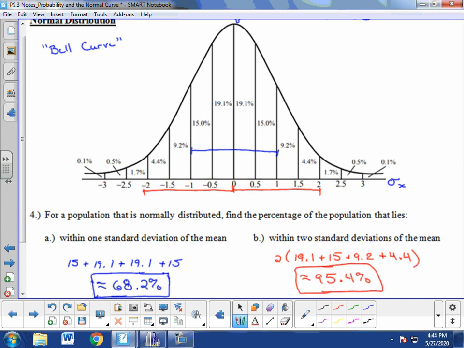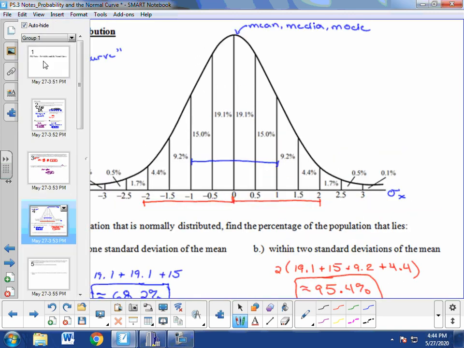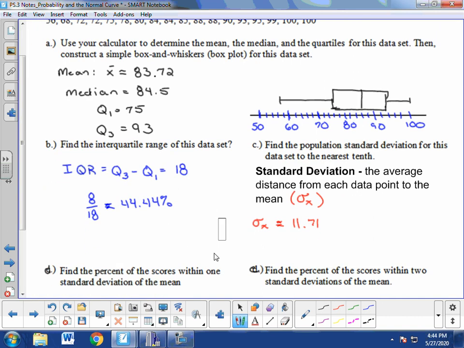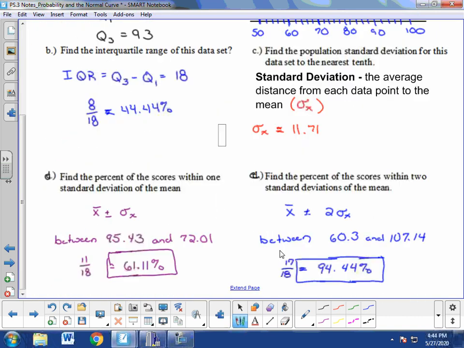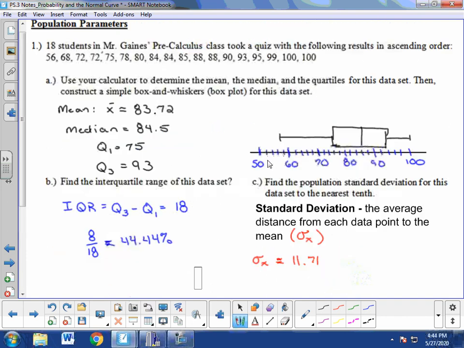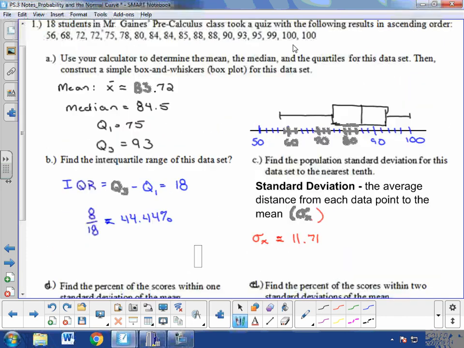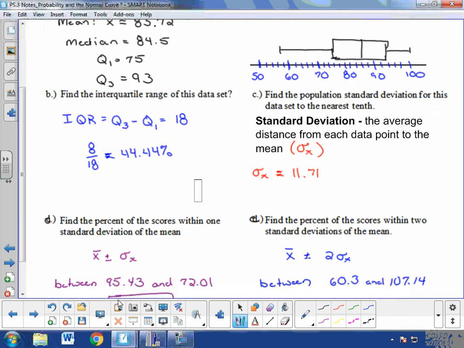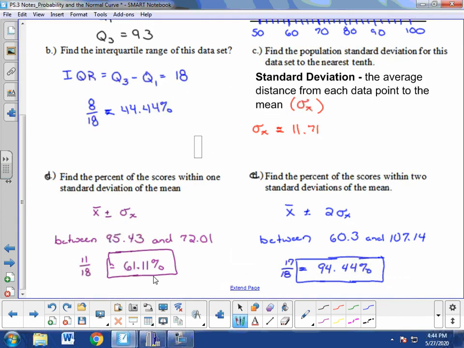So what I want to do is briefly flip back to the data that we had in the first question. In the first question, we looked at what percent lies within one standard deviation of the mean, and then within 2 standard deviations of the mean. So what we can see here is for my class's scores on a pre-calc quiz, 61.11 percent lied within one standard deviation of the mean.